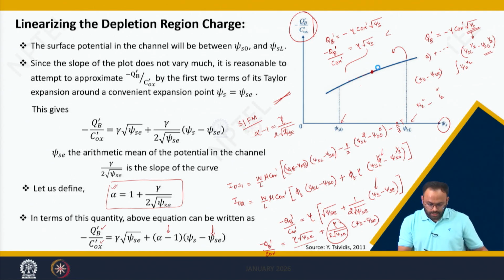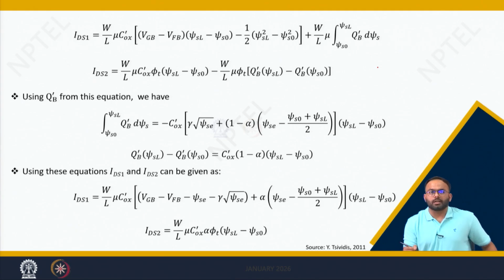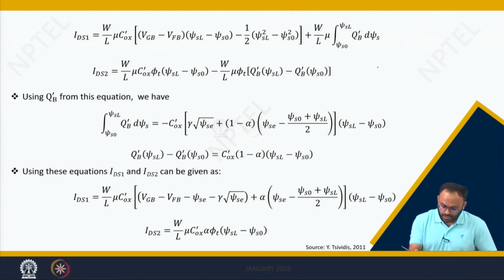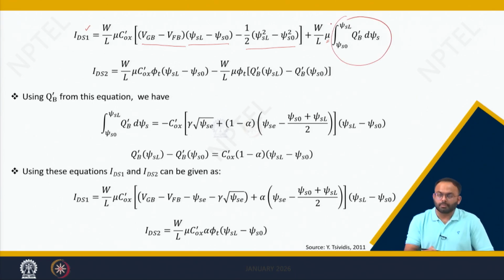So, let us use this formula in our basic current equation of IDS1. We know that IDS1 can be written as W by L mu into Cox dash VGB minus V flat band voltage into psi SL minus psi S0 minus half of psi SL square minus psi S0 square plus W by L mu of integration of bulk charge.